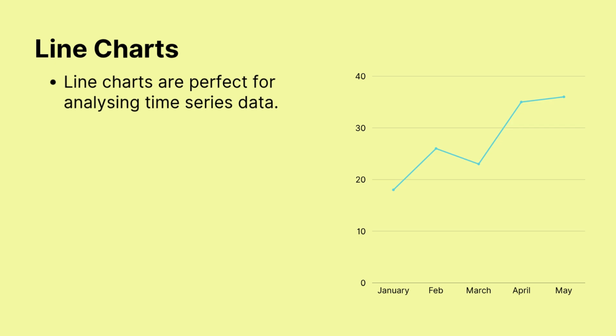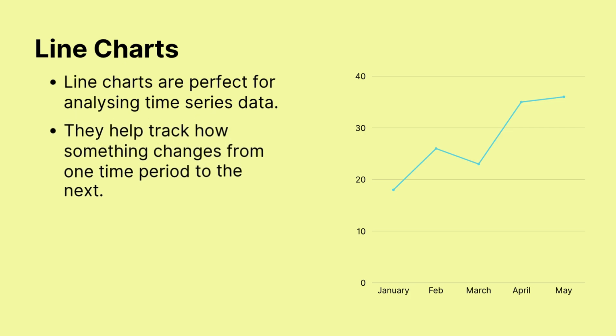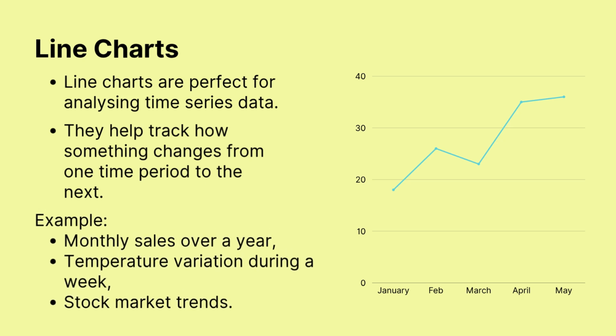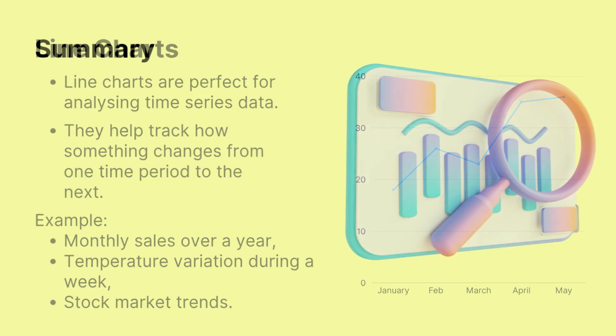Line charts are perfect for analyzing time series data. They help track how something changes from one time period to the next. Examples include monthly sales over a year, temperature changes during a week, and stock market movements.